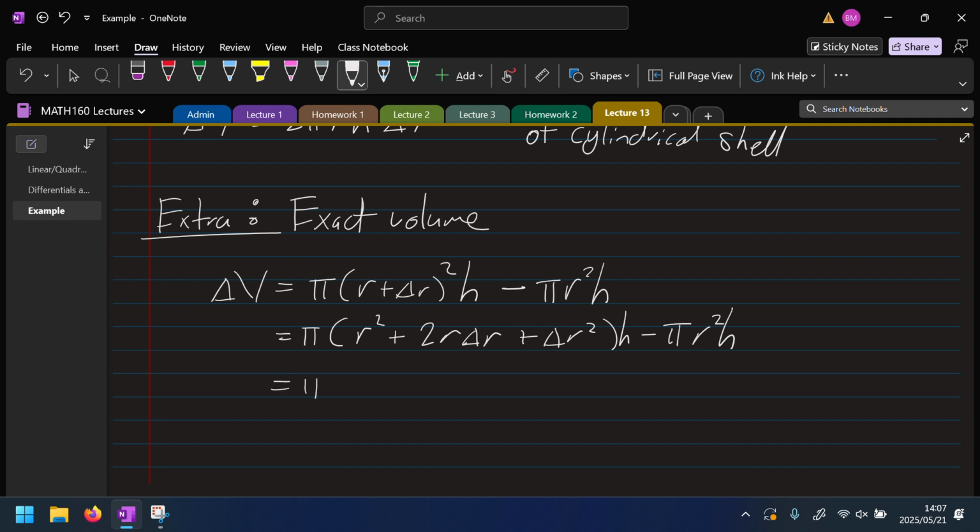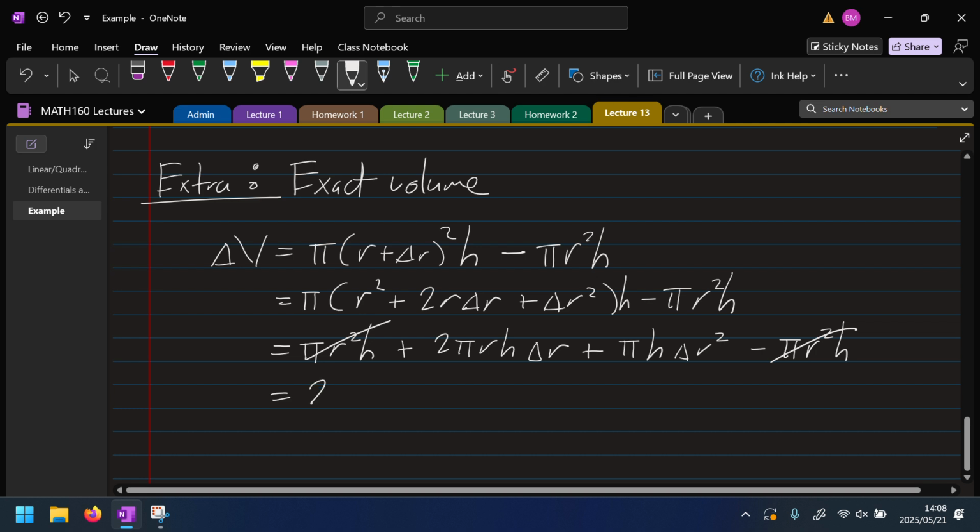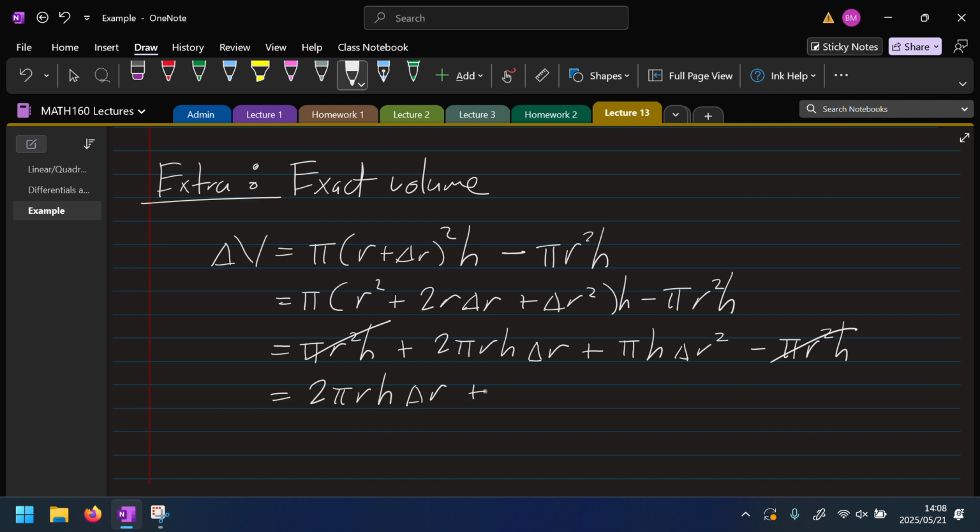So this is going to be pi r squared h plus 2 pi r h delta r plus pi h delta r squared. And then that last term on the outside, minus pi r squared h. First term, last term, they cancel, and we're left with 2 pi r h delta r plus pi h delta r squared.